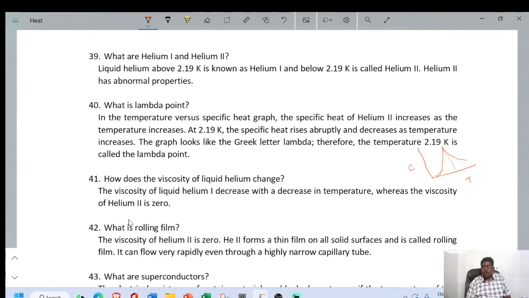At 2.19 Kelvin, the specific heat rises abruptly and then decreases as the temperature increases. The graph looks like the Greek letter lambda, therefore the temperature 2.19 K is called the lambda point. This is lambda in Greek, capital lambda.